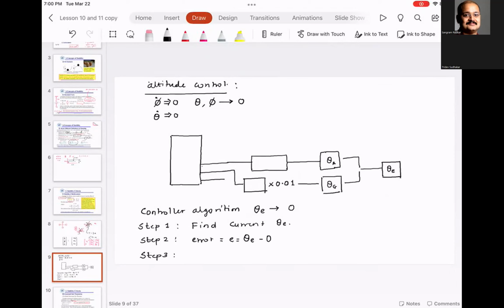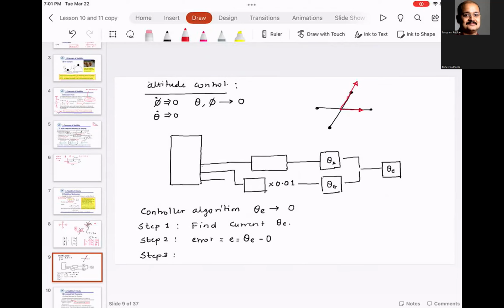Step 3, if I want to design the proportional control, let me show it to you for the plus configuration. So we are looking at pitch. Initially it may be a little bit difficult, but you'll get it.